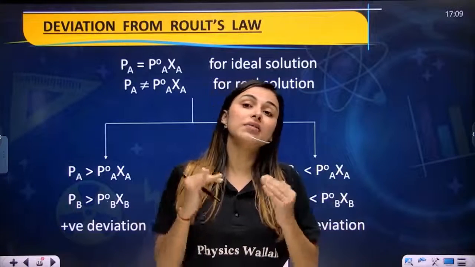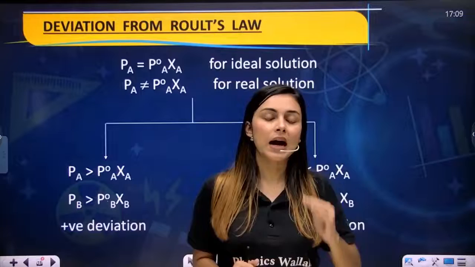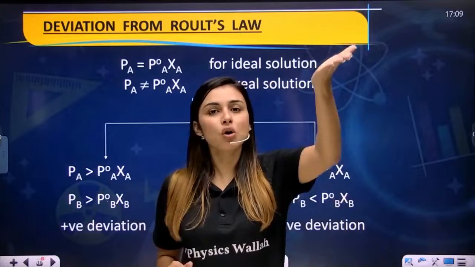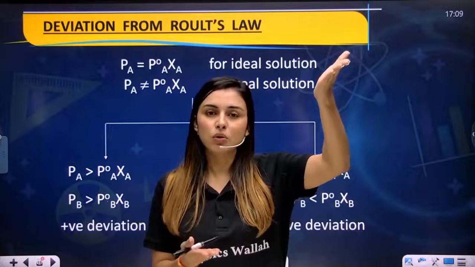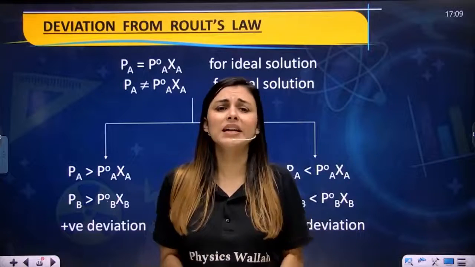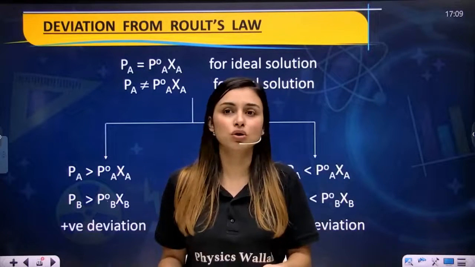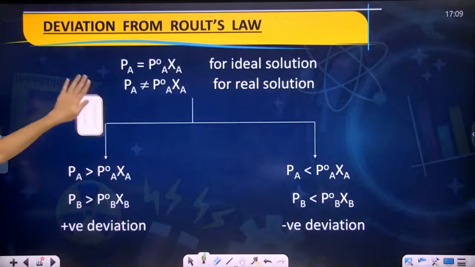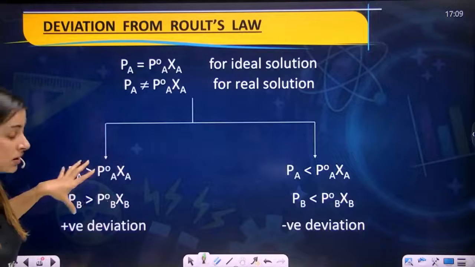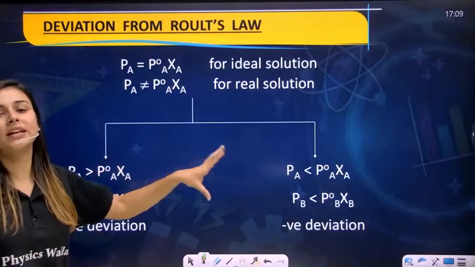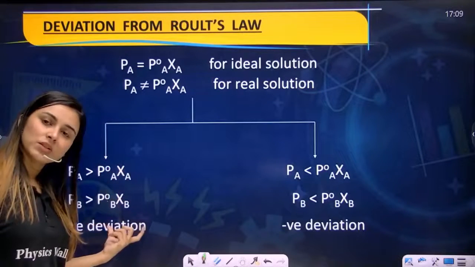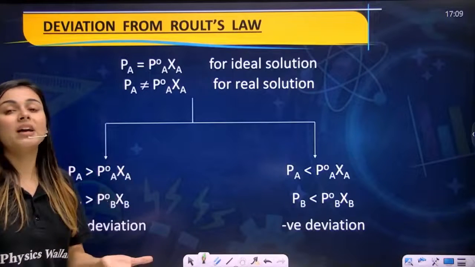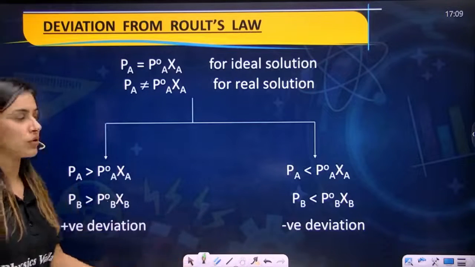Now it can deviate from that in two different ways. Either the vapor pressure of the solution will be more than that calculated from Raoult's law, or it could be less than that calculated from Raoult's law, right? Yes, and in that way we differentiate between the two non-ideal solutions, as one is known as positive deviation, the other as negative deviation. Now let's understand why we are calling them positive and negative deviations.